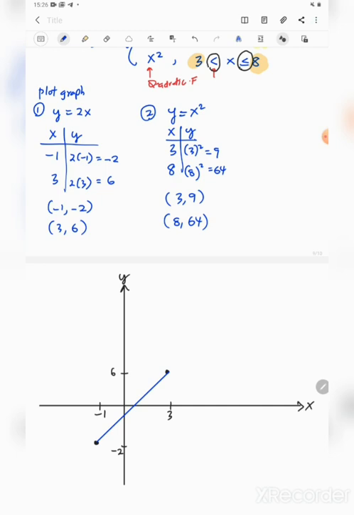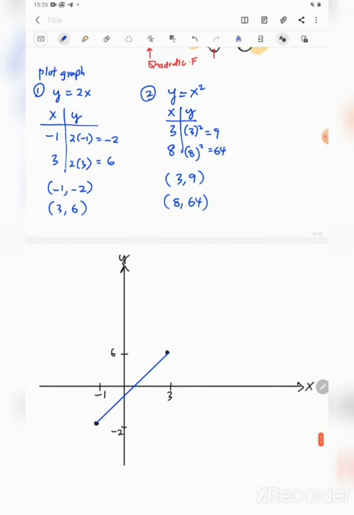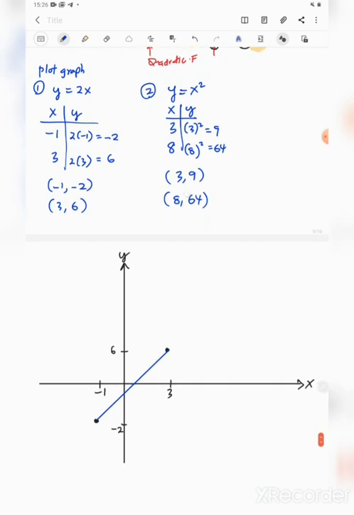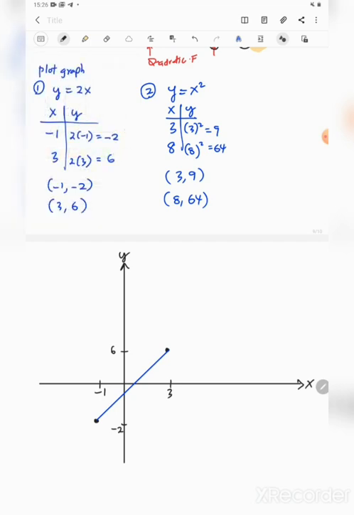Then we continue with the second graph, y equal to x square. The coordinate is 3, 9. We have 3, and then 9, we have here 9. And then the other one, 8, 64. We just estimate 64 is here, oops, sorry.